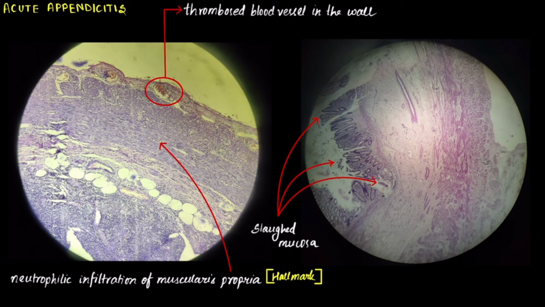Within the mucosa, there is muscularis mucosa, there's lamina propria, and then there's the epithelial mucosa. Okay, first thing, at the wall of the appendix, at the region of serosa, there are blood vessels, and within these blood vessels, you can find thrombosis. So you can find a thrombosed blood vessel in the wall.